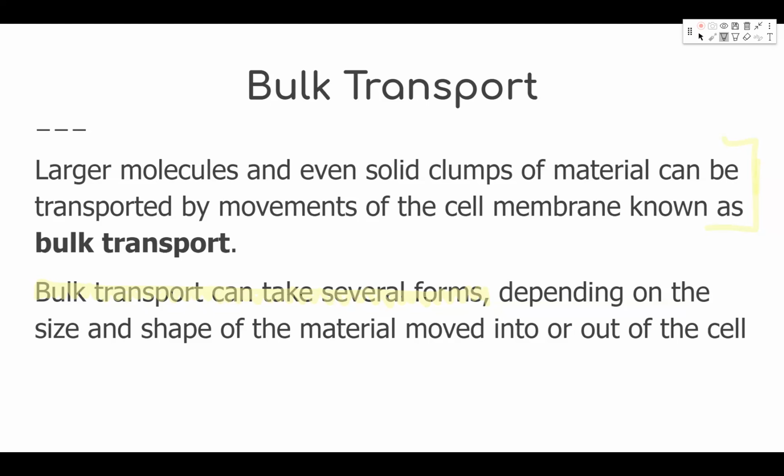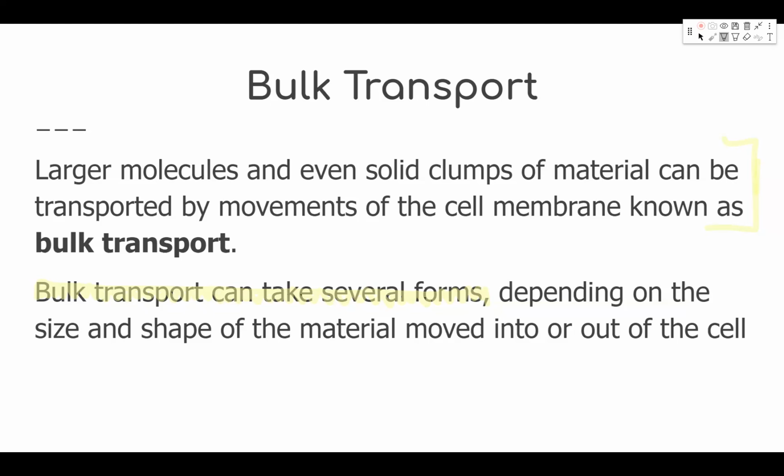So we've got a different way to get them where they need to go. And we call this bulk transport. We are transporting things in bulk. It can take a lot of different forms. We're going to talk about three of them specifically. And this all depends on the shape and size of what we are moving, as well as if it is moving in or out of the cell. Because it's going to look a little bit different if we're moving stuff in versus moving stuff out. So this is the big stuff.